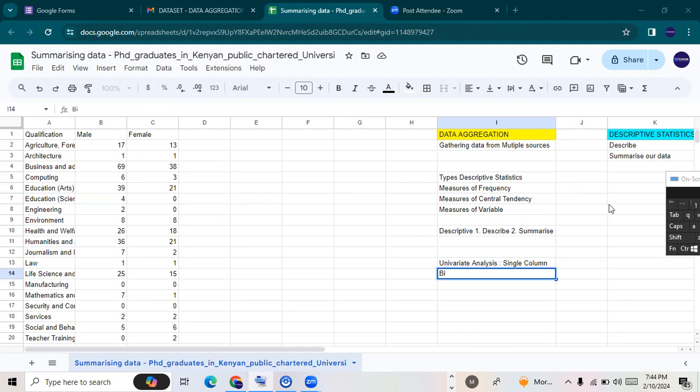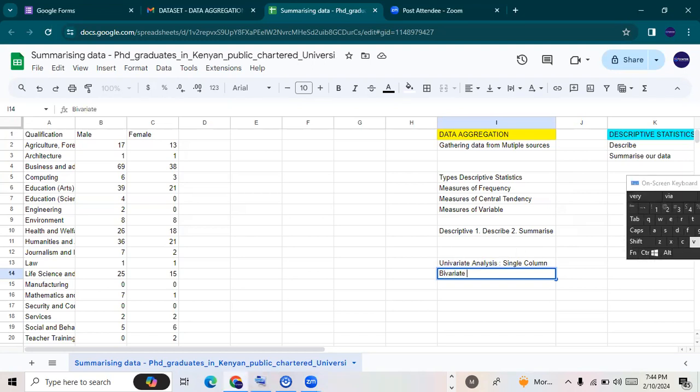Are you explaining the univariate analysis? All right, yes. In some cases, you hear of bivariate analysis. The bi means two, so analyzing two columns.